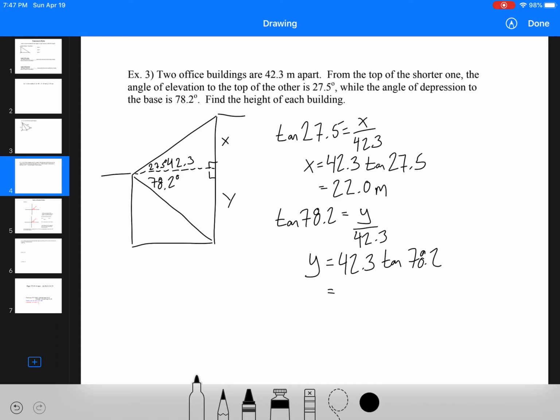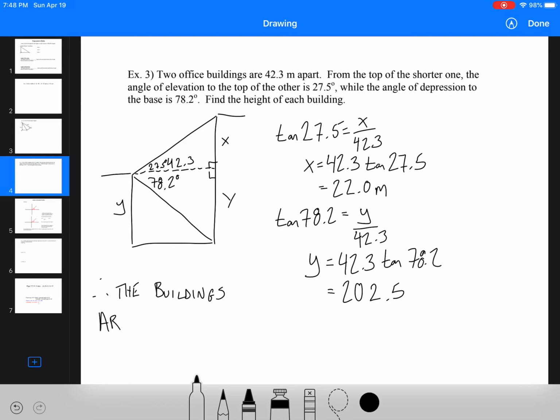It's really important to be used to your calculator when you're dealing with these. I can't stress that enough, that you need to know how to use your own calculator when you're doing this, because otherwise you will struggle. So this is 202.5. So y is actually the height of this building.